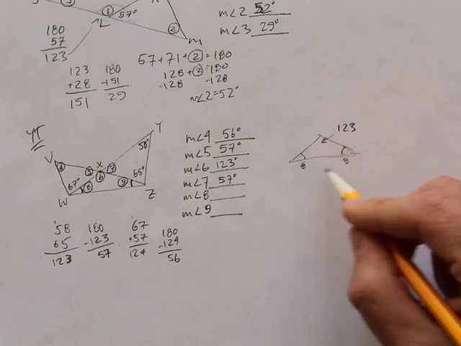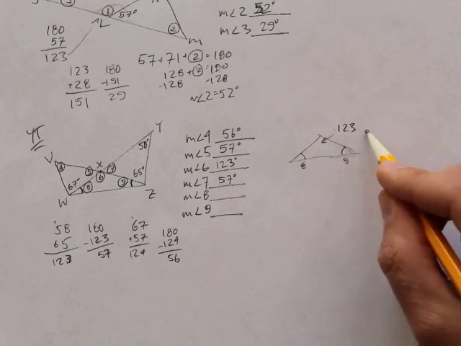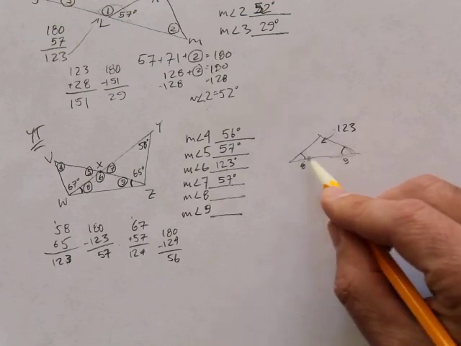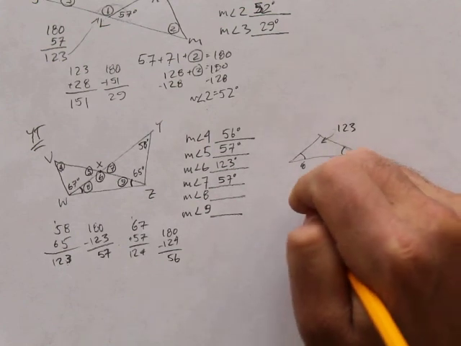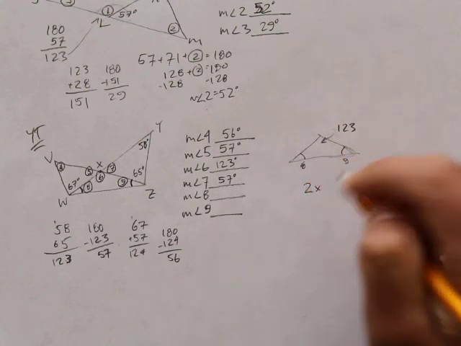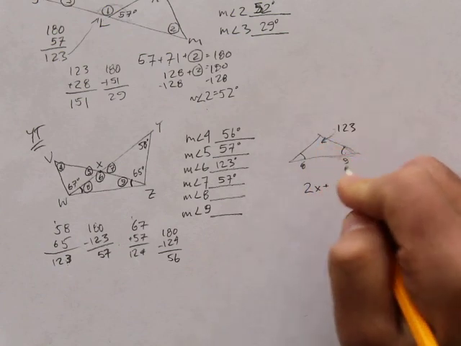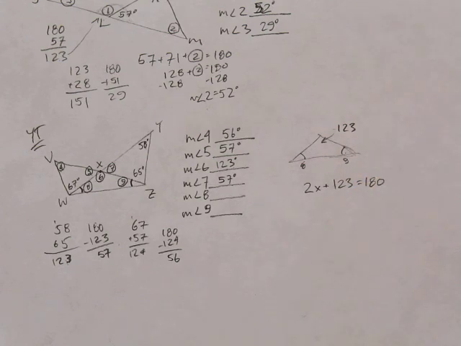So if I added all of these together, I would get 180 degrees. And I know that these two need to be the same because they are congruent. So I could algebraically say 2 times x, or whatever this angle is, plus this angle, 123, equals 180.